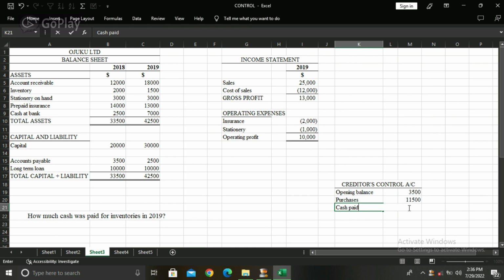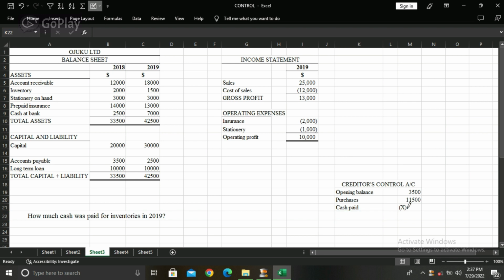So if we pay our suppliers, we will definitely subtract it from how much we are owing them. So we just put it into bracket X, indicating that any amount we pay to them, we will subtract it from how much we are owing them.